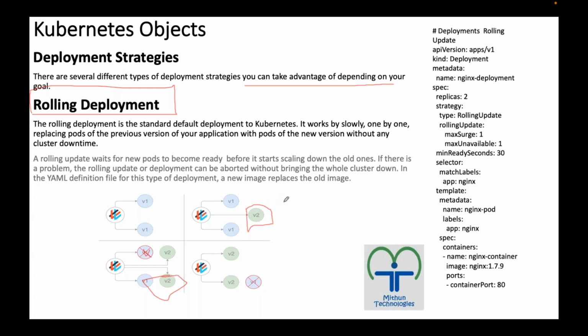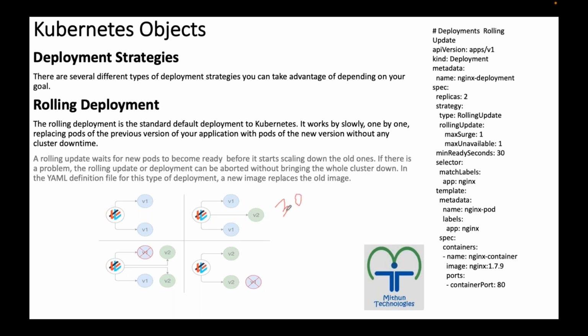But do I need to customize the default behavior, saying that once this pod is scheduled, maybe wait for 30 seconds? Don't go to the next phase immediately. Don't terminate the old pod immediately. Wait for 30 seconds or 60 seconds. I can customize that.